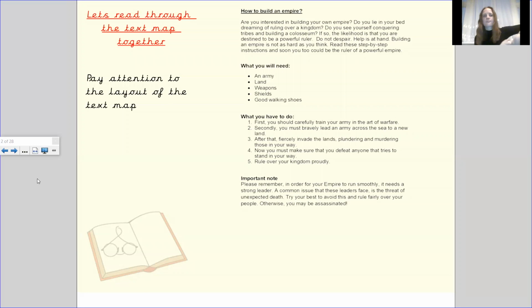If so, the likelihood is that you are destined to be a powerful ruler. Do not despair. Help is at hand. Building an empire is not as hard as you think. Read these step-by-step instructions, and soon you too could be the ruler of a powerful empire.